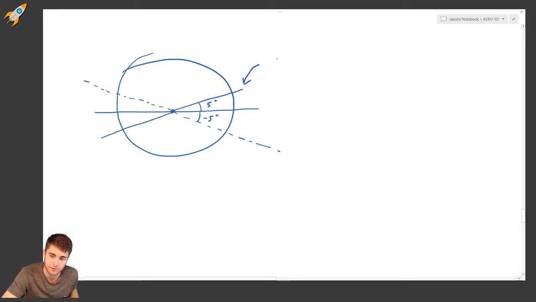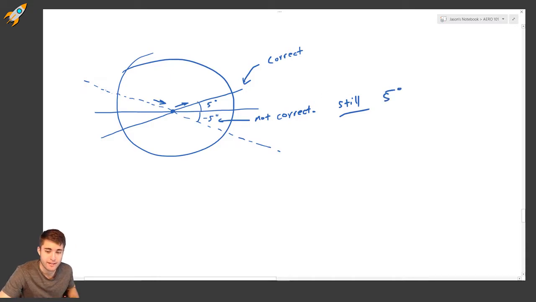This is absolutely correct if you're moving in this direction. But if you're moving in this direction right here, that's not correct. This is not -5 degrees. Your inclination is still 5 degrees.